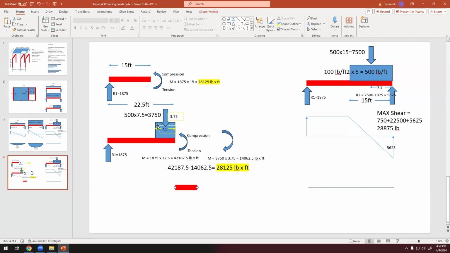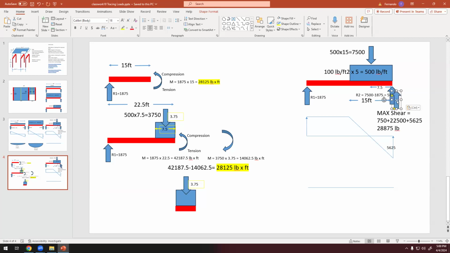So I can cut this beam, and I'm going to do that from the right instead of starting on the left. Here I have only this tiny portion of this beam. This is 7.5.